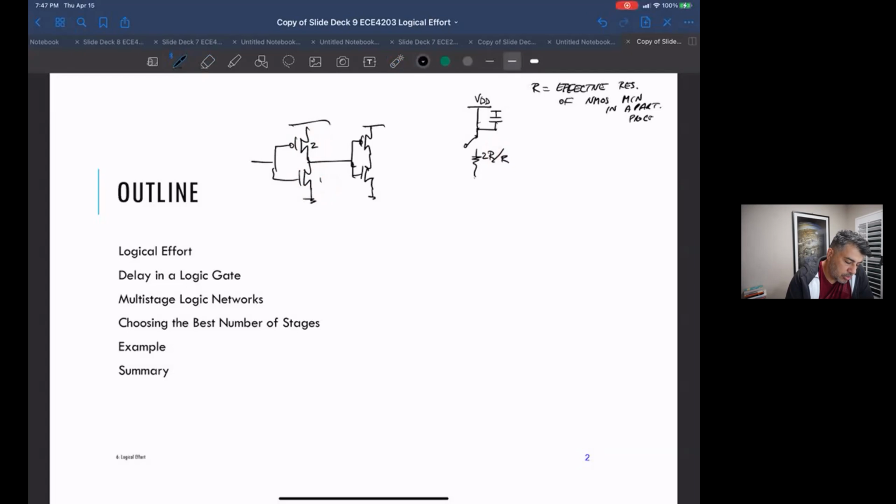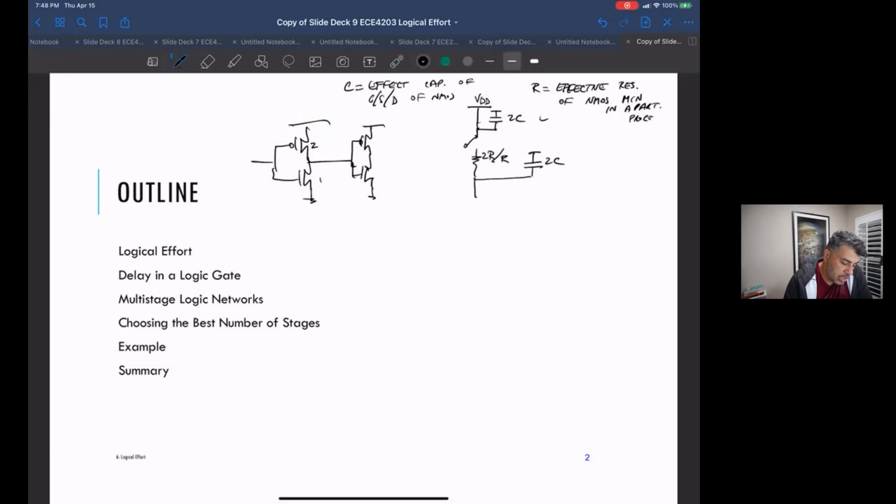You make the PMOS twice as wide, and then you get this capacitance. So this is 2C, because the PMOS is twice as wide. So the source capacitance is going to be twice that of the NMOS. C is the effective capacitance of gate, source, drain of the NMOS. And the PMOS, this would again be 2C, because that's the drain capacitance of the PMOS, and the drain of the PMOS is twice as wide.